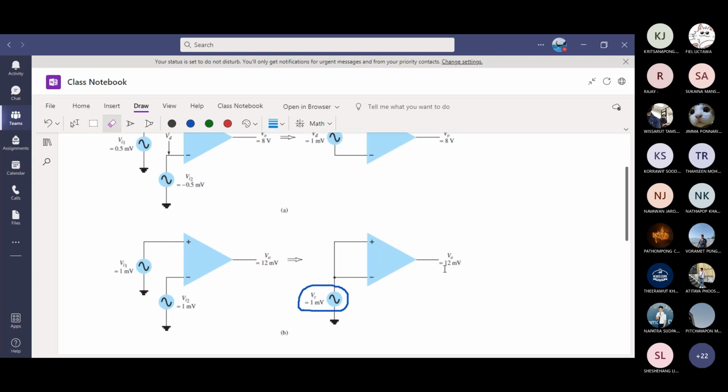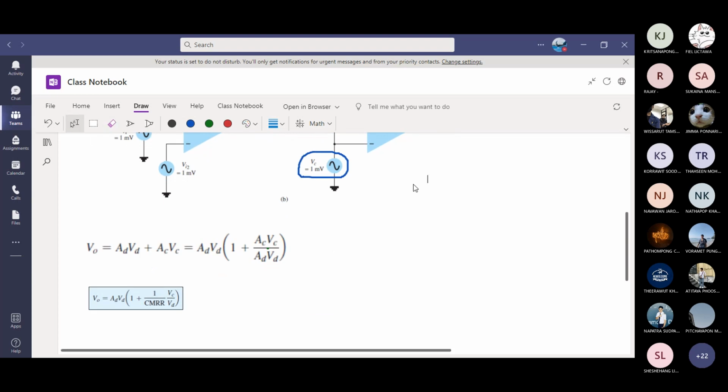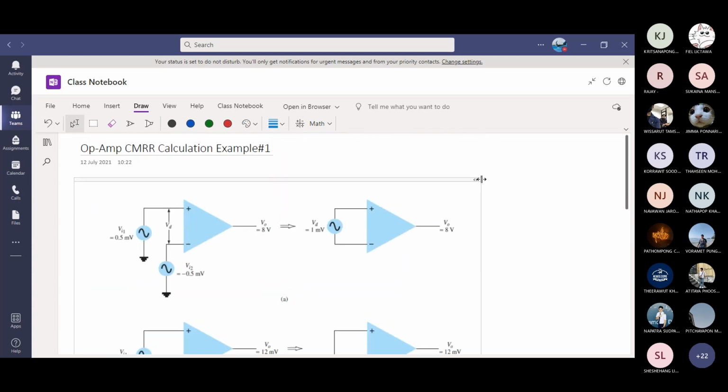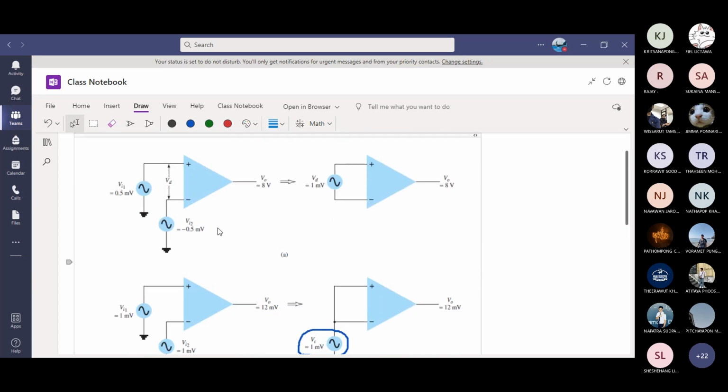Let me minimize the picture a bit so that we can see full screen. Okay, maybe this one is all right. This is an op amp. There are two input pins. At V plus, you have input voltage half millivolt. At V minus, you have input voltage negative half millivolt.